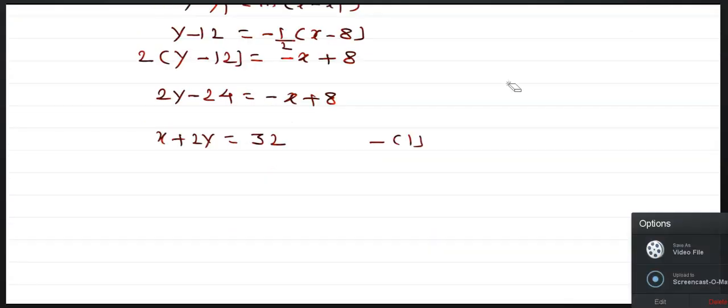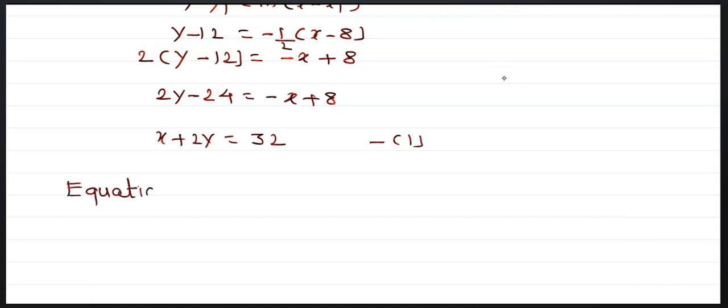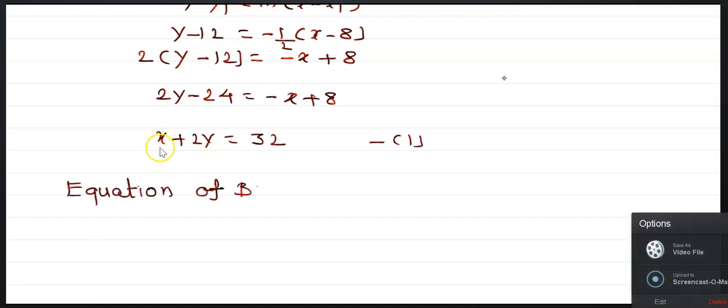Its slope is minus 1 upon 2. Therefore, its equation is y minus 12 is equal to minus 1 upon 2 in bracket x minus 8. Now simplify this. Therefore, you will get 2 in bracket y minus 12 is equal to minus x plus 8. After solving this equation you will get the idea. Therefore, the required equation is x plus 2y is equal to 32.